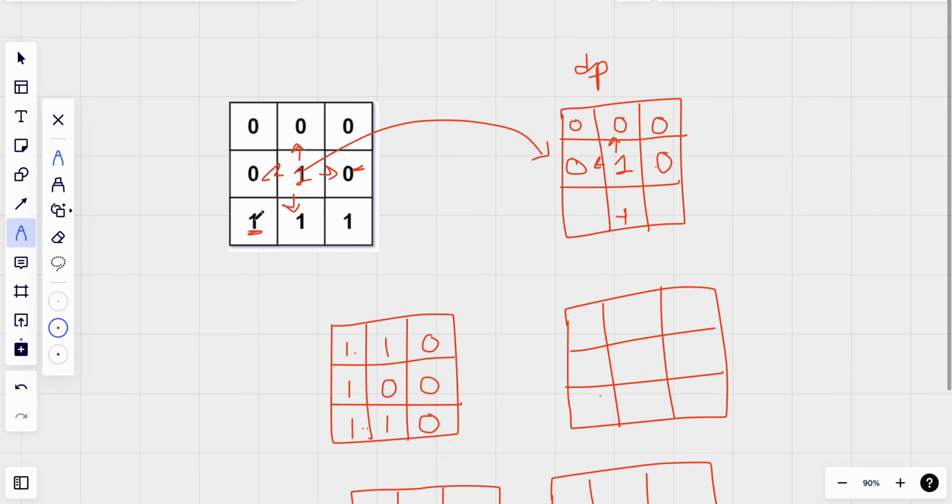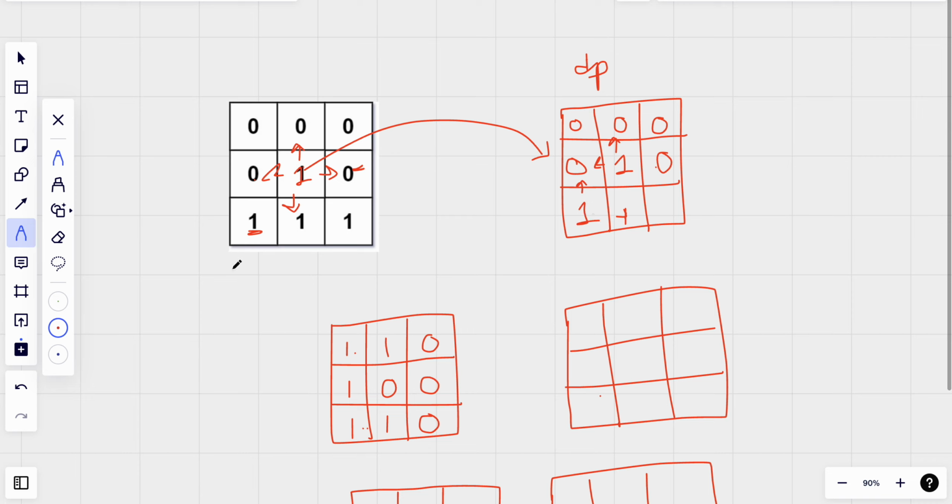For this cell, it's 1, so we want to find the value nearest to it. We look at its adjacent cells, and since this is -1, we do not consider going that route. We look at this value, and here we have a value equal to 0, so we take that value. Similarly for this one, this will be equal to 1.